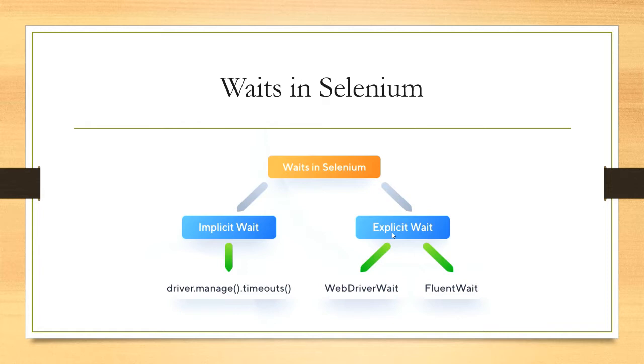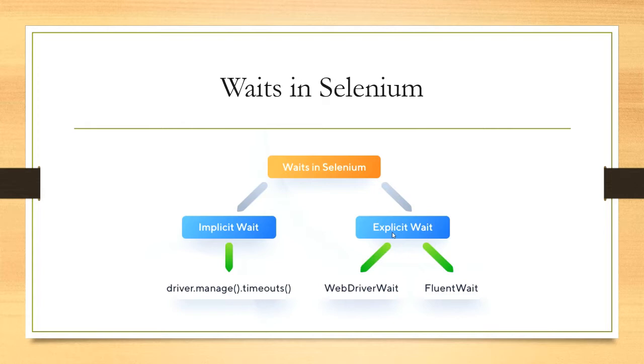So let's suppose for a specific element we want to wait until something else is loaded, or until that element is present, or until that element is visible. So there could be different conditions, but for the case of implicit wait, it is implied, and it just waits for the presence of the element, and if that element is not present until that timeout, then that would throw no such element exception.